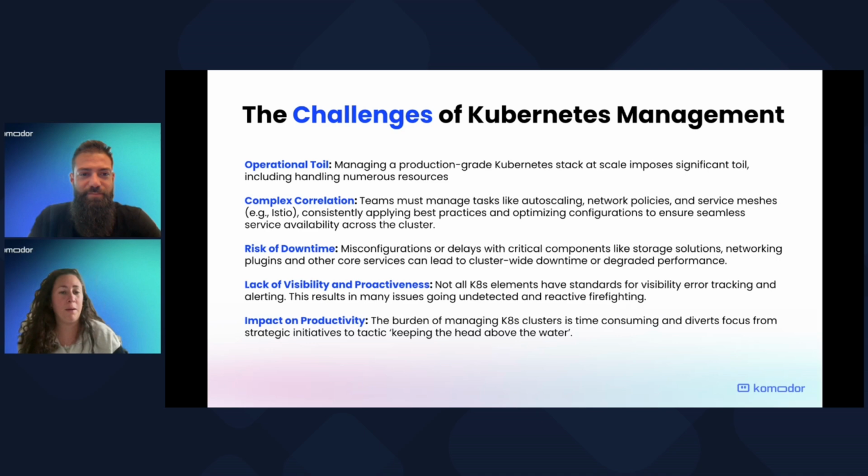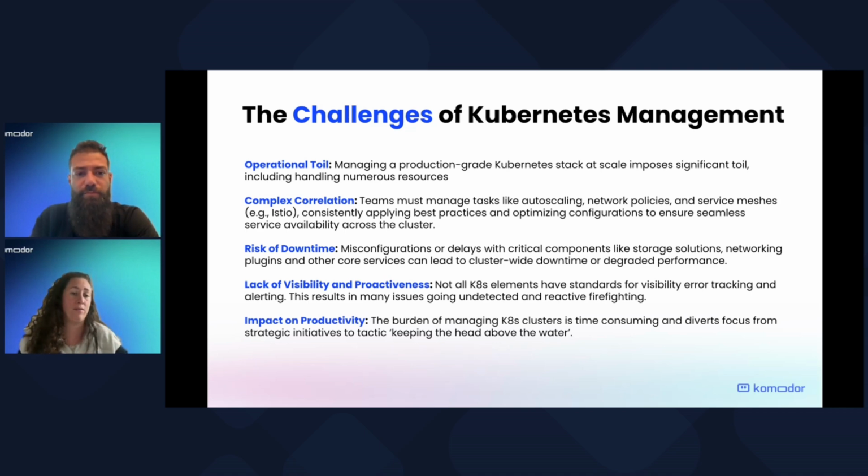And if we're talking about challenges, you can see here a very short list of things that Kubernetes makes hard to do. So first of all, you have the operational toil. As we talked until now, Kubernetes is complex, and needing to run production clusters at scale is very scary, but also requires hard work and maintenance.